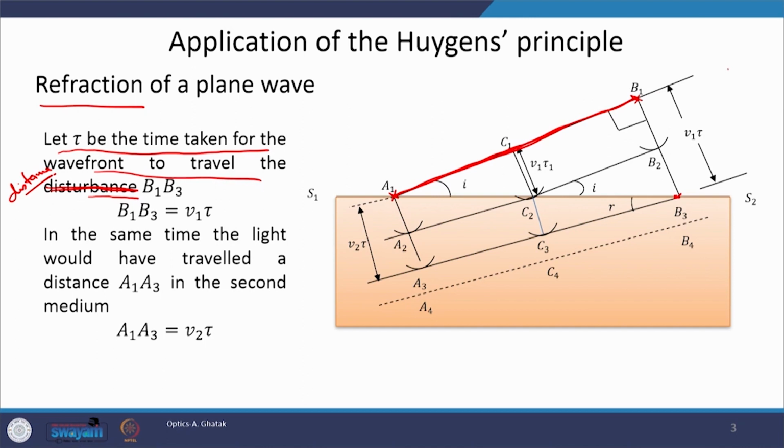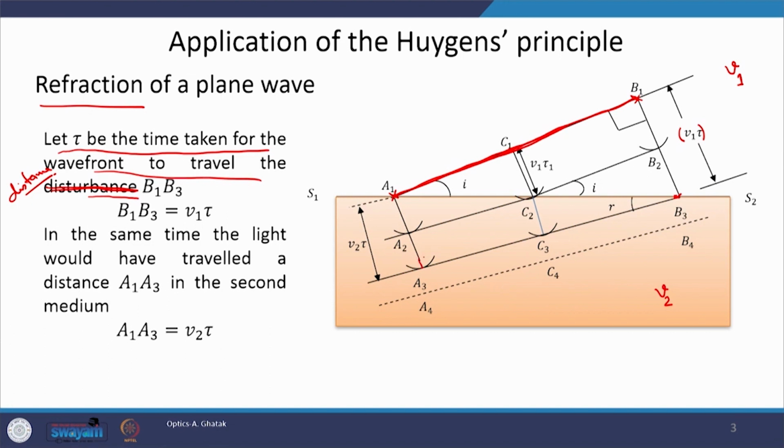Suppose the speed of the wave in the first medium is V1, while that in the second medium is V2. Since point B1 is taking tau time in reaching point B3, the total distance travelled by point B1 will be equal to V1 into tau. Tau is the time and V1 is the speed in the upper medium. During the time period tau, A1 would have gone deeper into the second medium.